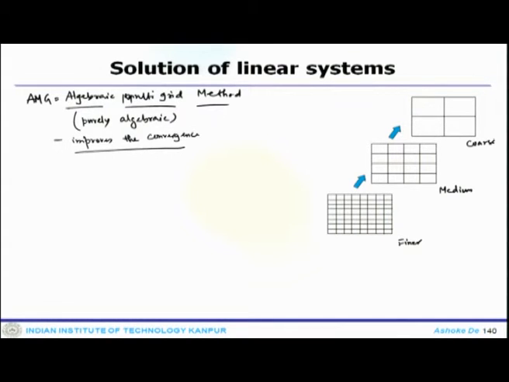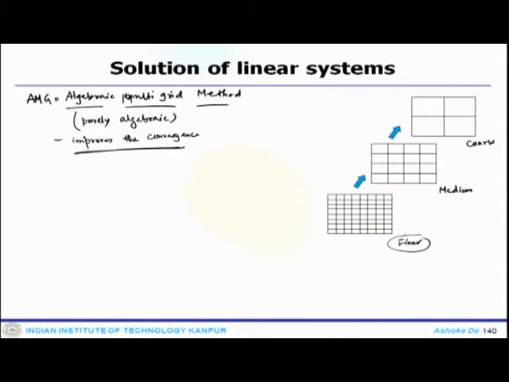So, it is a hierarchical approach from finer, medium to coarser, and multi-grid methods are able to overcome the convergence problem that you see when we go down to a finer grid level with a large system.